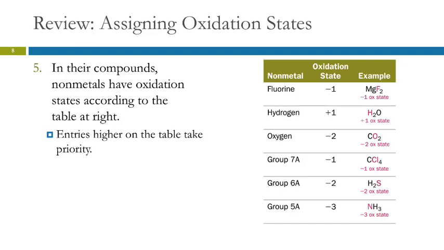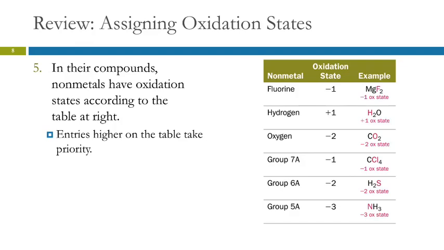If you have a monatomic ion, its charge and its oxidation state are the same number. They are different in concept, but the number's the same. And so we don't really even need oxidation states for those sorts of things. What we need it for is covalent compounds and for polyatomic ions.